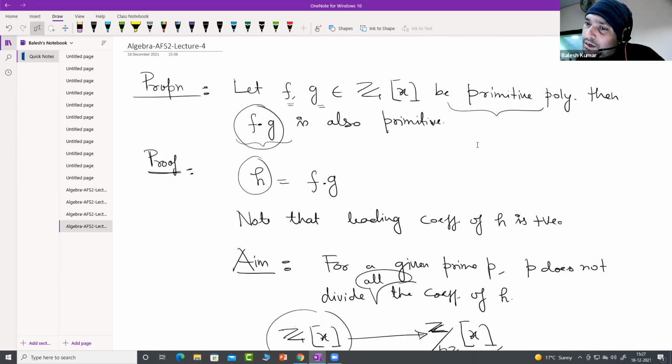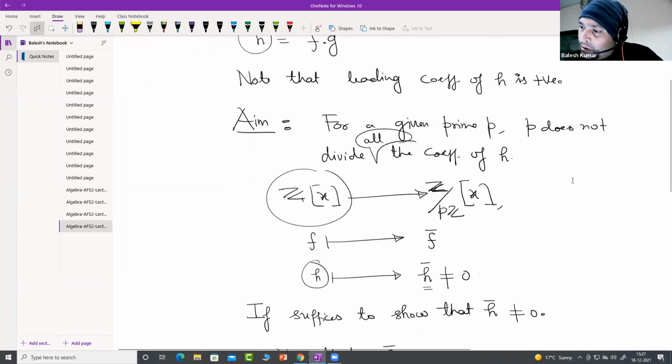We have written this as a proposition, but in the literature it is known as Gauss Lemma. It is one of the important theorems, though it is called a lemma, in order to prove our results.